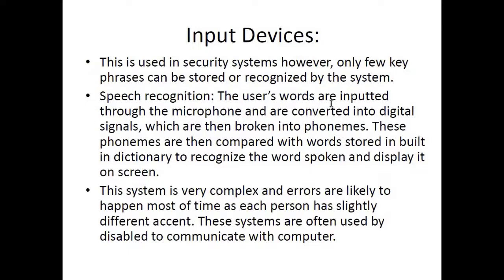Or Google Assistant on Android, like if you say open browser, the Google Assistant understands it and opens the browser for you. This system is very complex and errors are likely to happen most of the time, as each person has a slightly different accent. These systems are often used by disabled persons to communicate with a computer.